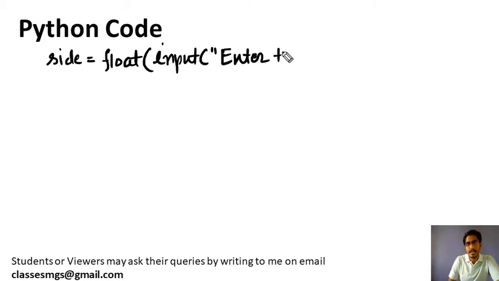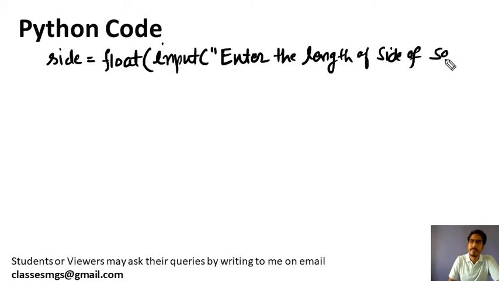Enter the length of side of square, whatever square for which we want to calculate, we will take the input from the user. Then what we will do, we will apply the formula here.